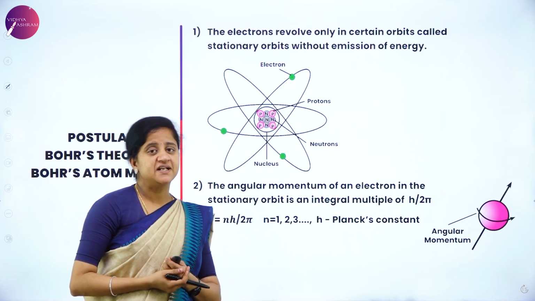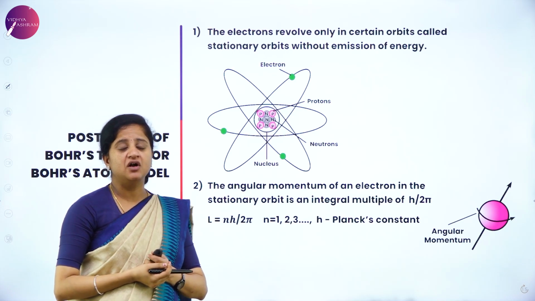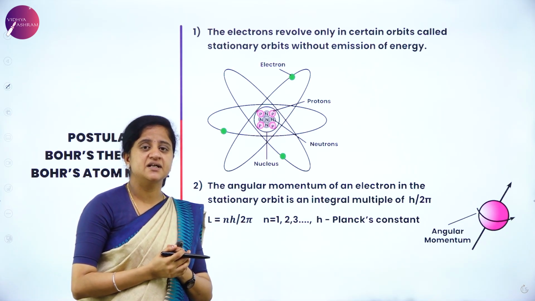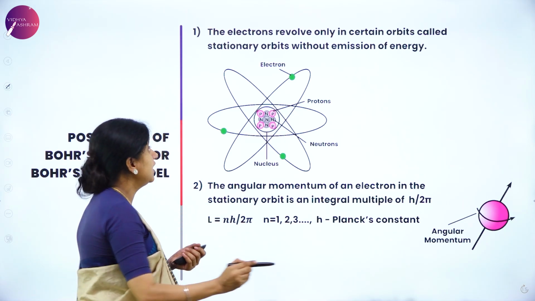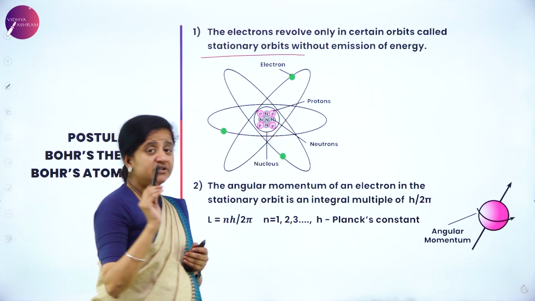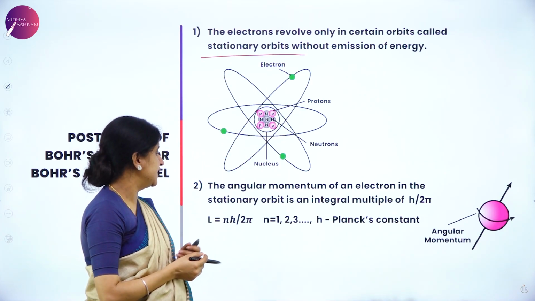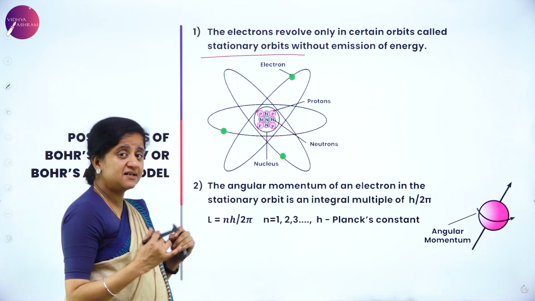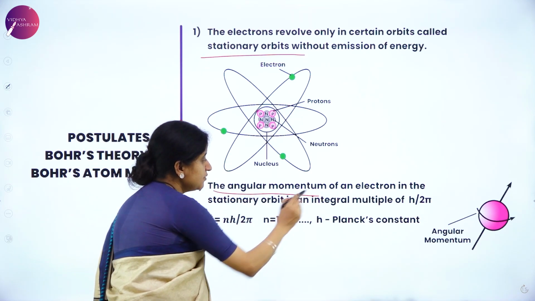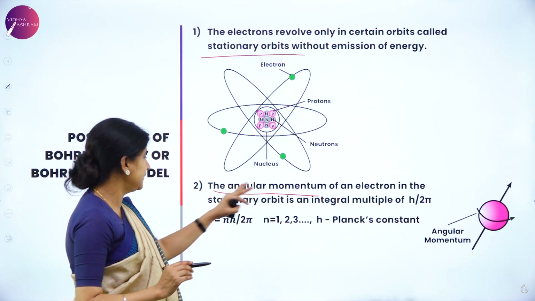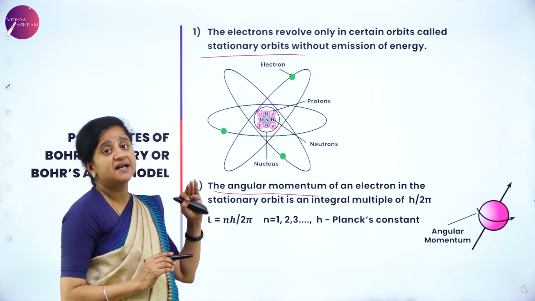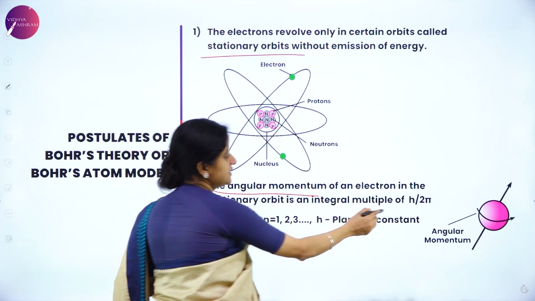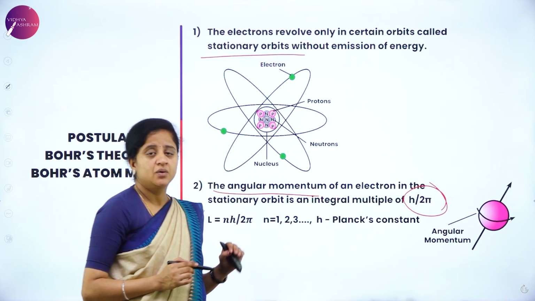The first postulate says that the electrons revolve around the nucleus in their own orbits. These are called stationary orbits, without the emission of energy. Second, when the electron is revolving around the nucleus, there exists an angular momentum. The angular momentum of an electron in the stationary orbit is an integral multiple of h divided by 2 pi. What is h here?